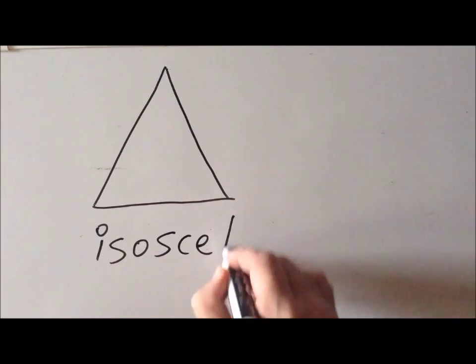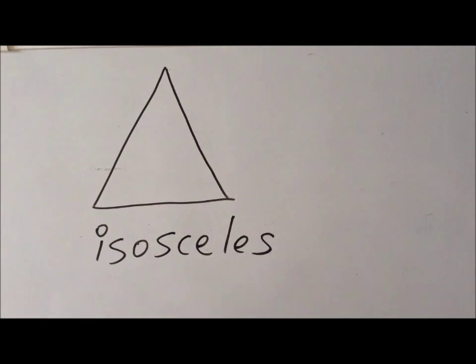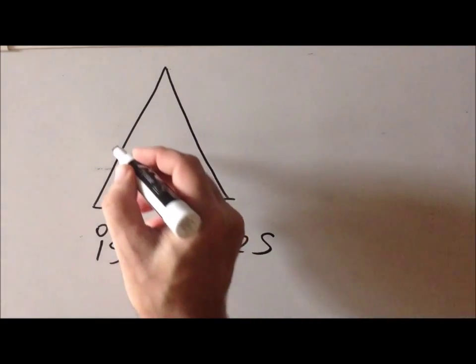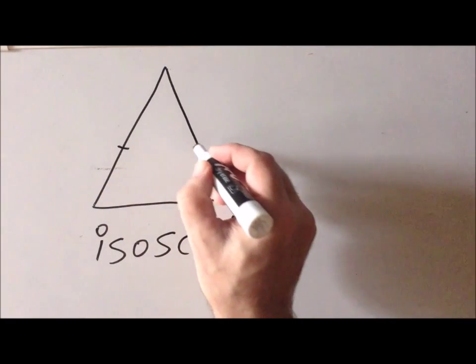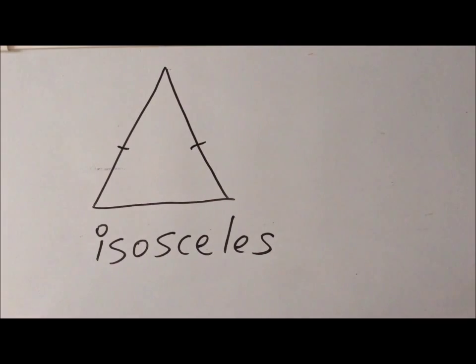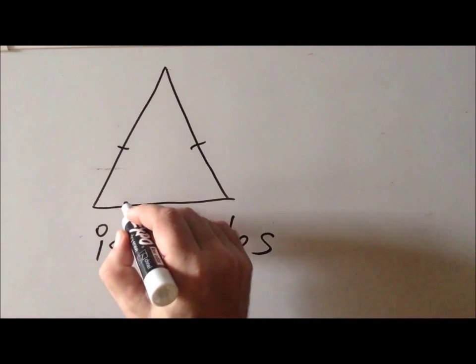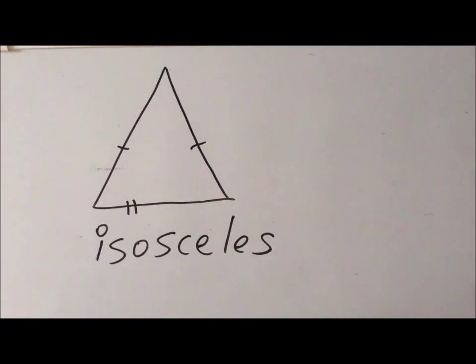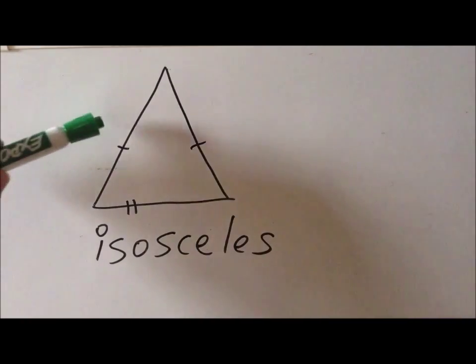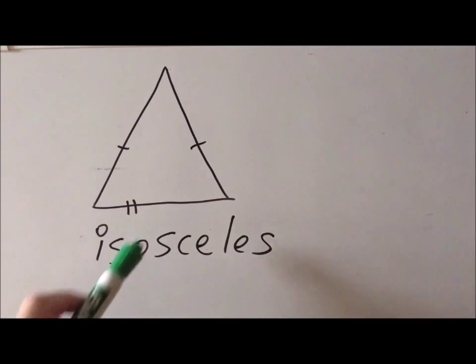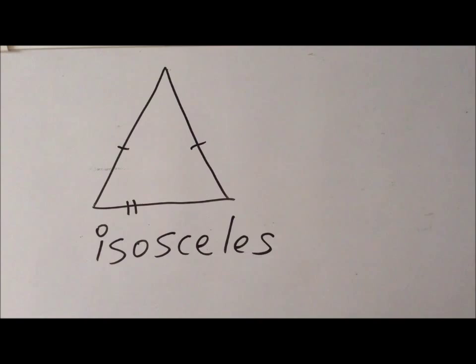The important thing about an isosceles triangle is that we have two sides which are identical. And we often represent that by putting a little tick mark to show the two lines that are identical. And then this second side is a different length, so we put two ticks. So this side and that side are equal, but the third side is not. So we have an isosceles triangle that is not an equilateral triangle.